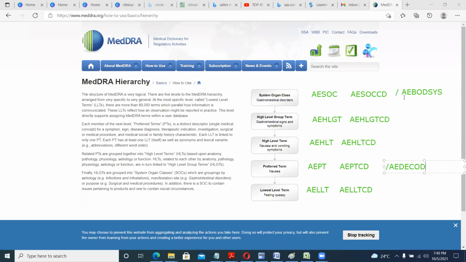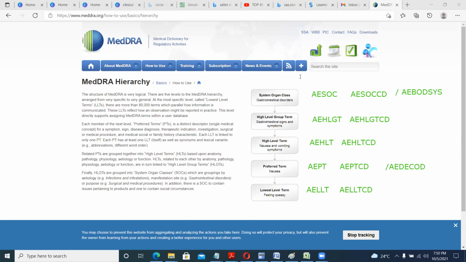SOC will be in the raw data, but as per SDTM standards you will name it AE body sys. PT is a raw variable, but you will name it AE decode, the SDTM standard. Remaining things are okay. Generally you will have HLT in the raw data, but you will name it AEHLT in SDTM, because the AE prefix will not be there in the raw data.